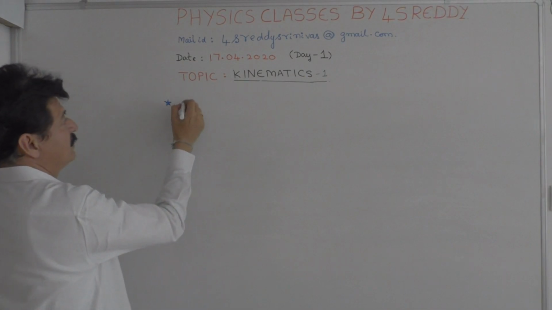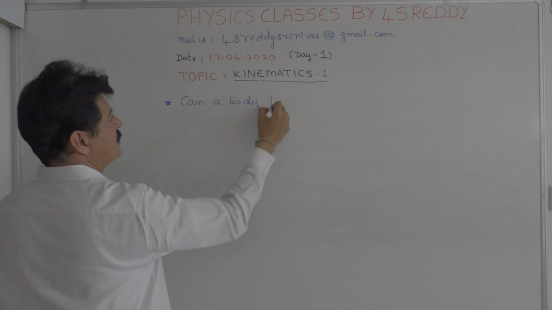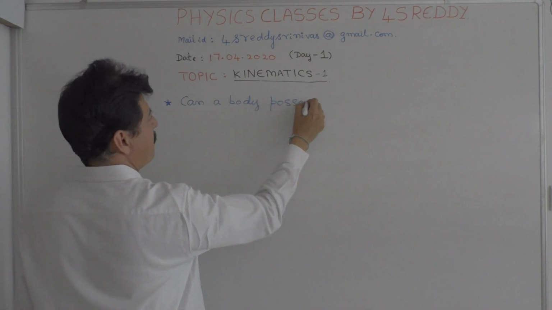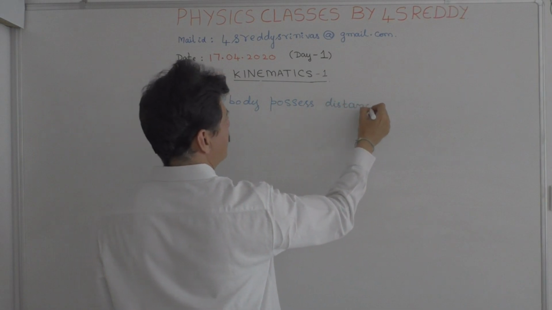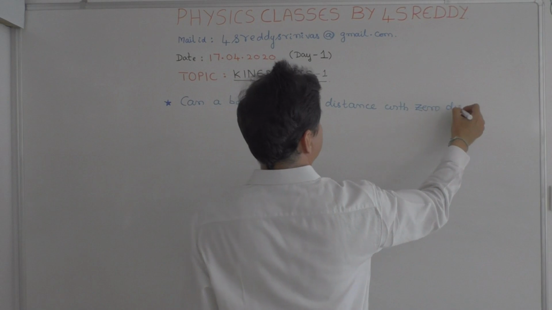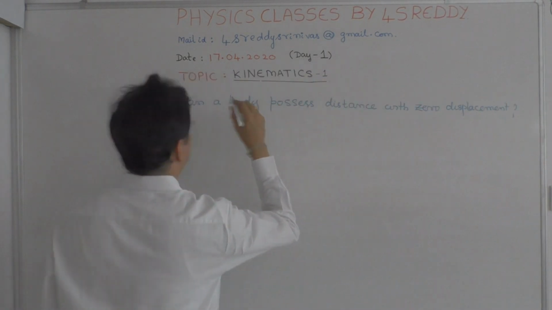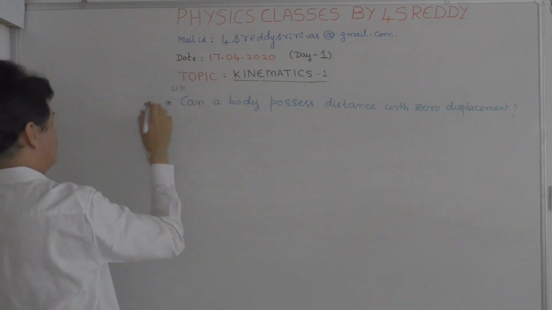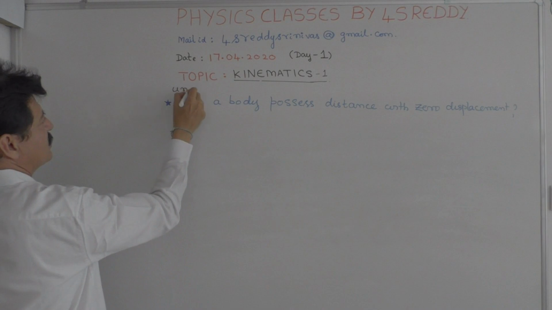The first one: can a body possess distance with zero displacement? These are understanding questions. You can say that these all come under understanding questions.